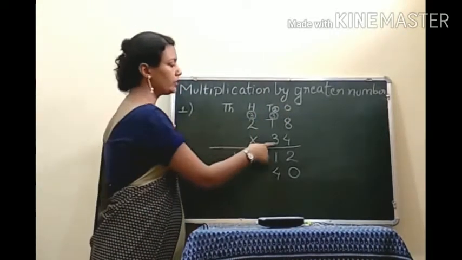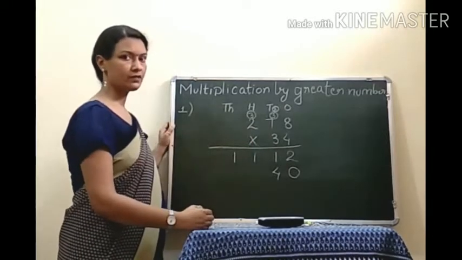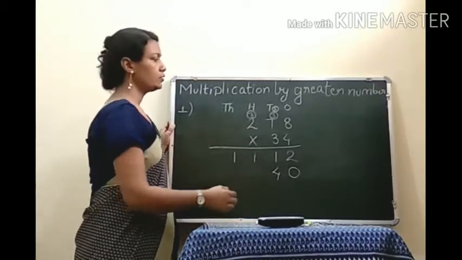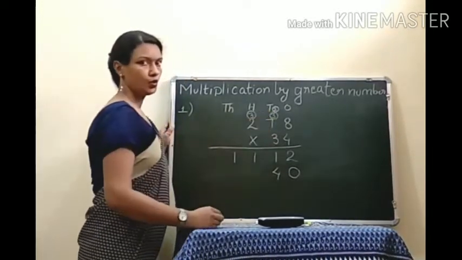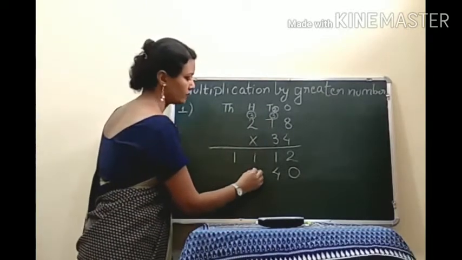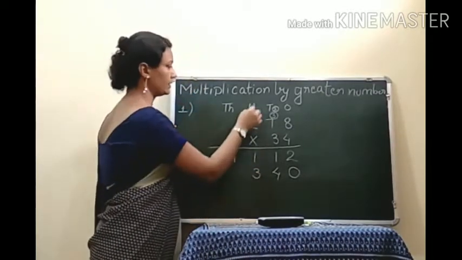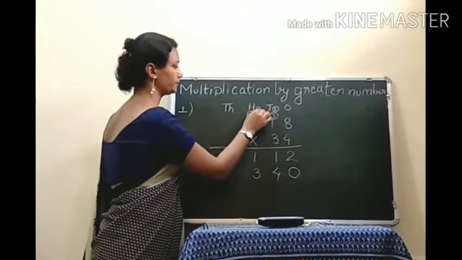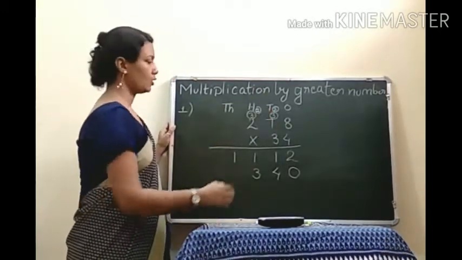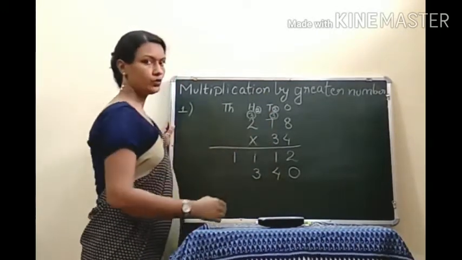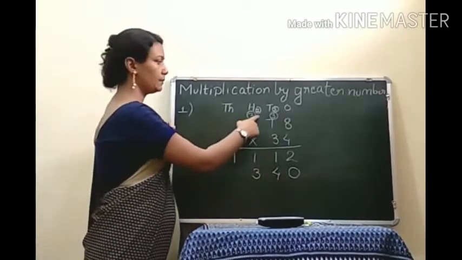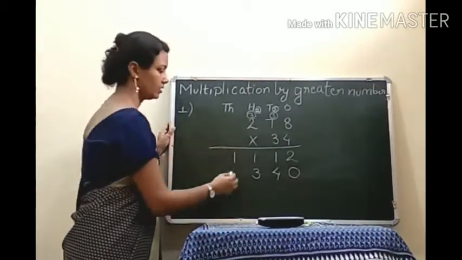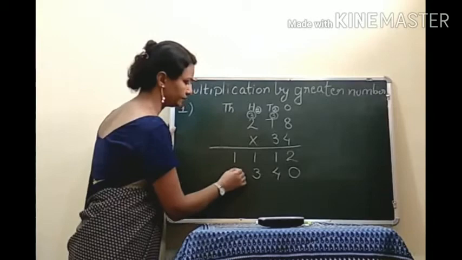Now 3 into 7 is 21, plus 2, 23. So we will write 3 and carry 2 here. Now 2 into 3 is 6, plus 2 is 8. So we will write 8 here.